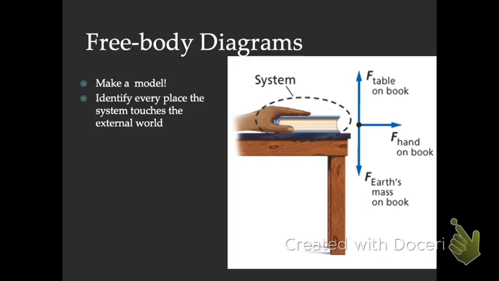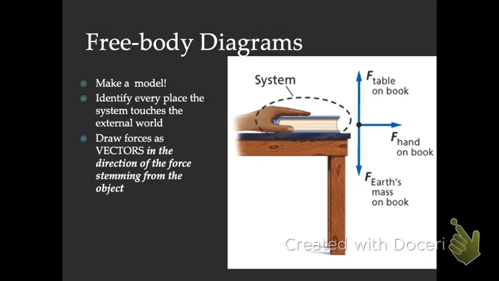It shows us everywhere the system is touching the external world. So any forces that are acting on it need to be displayed in our free body diagram. When we draw forces, we draw them in the direction of the force stemming from the object. I'll show you here in just a second what that means.